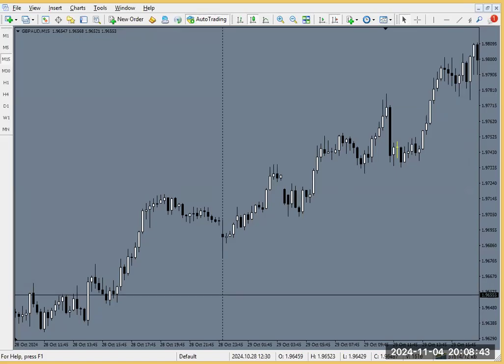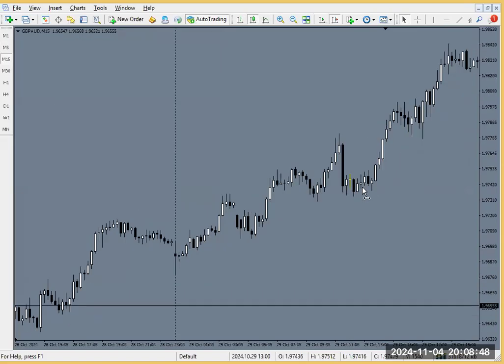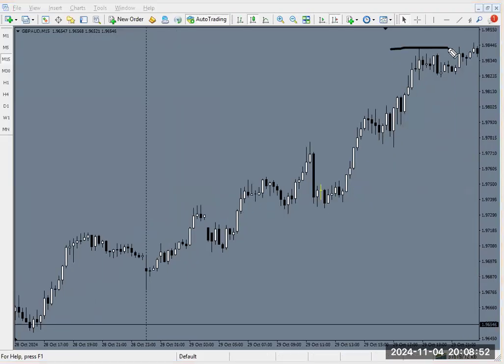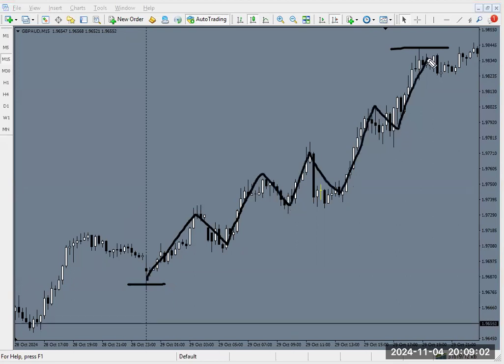This is the pound Aussie chart. We can see a nice movement to the upside. It started down here and it's moved. You can physically see all this movement. So it's in an uptrend.